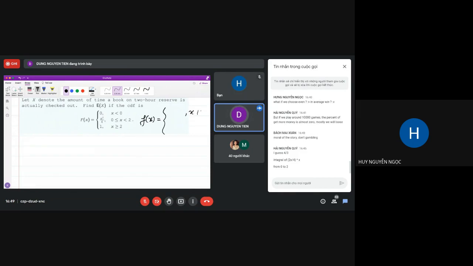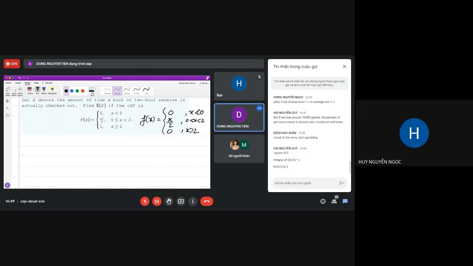When x is negative, it is 0. When x is between 0 and 2, it is x over 2. When x is more than 2, it is 0, I mean.